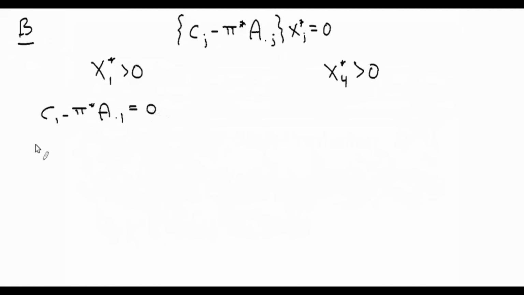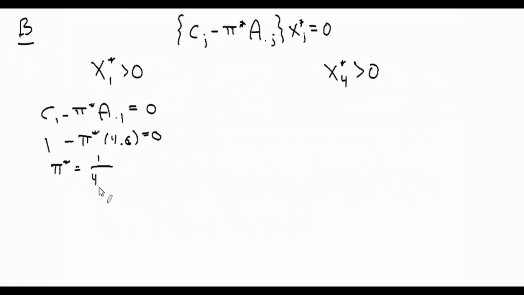Let's plug in some values here for c and a. We get 1 minus pi star times 4.6 is equal to 0. We can solve that one easily. So we get pi star is equal to 1 over 4.6.